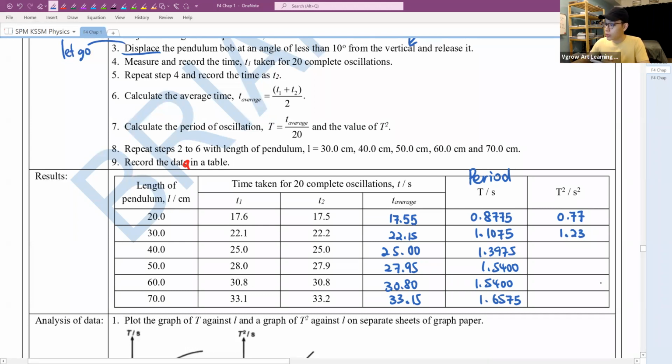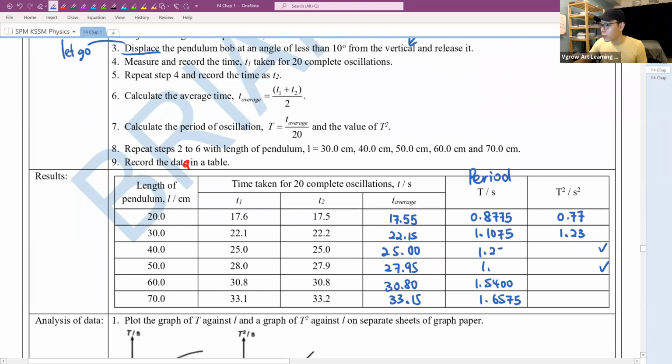I'm going to do the last two. Okay, you do the one for 40 cm and 50 cm again. Okay, I'm going to do the last two. This one is, oh, you did the 50 and 60 cm.